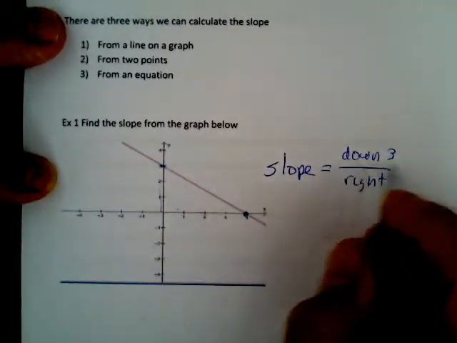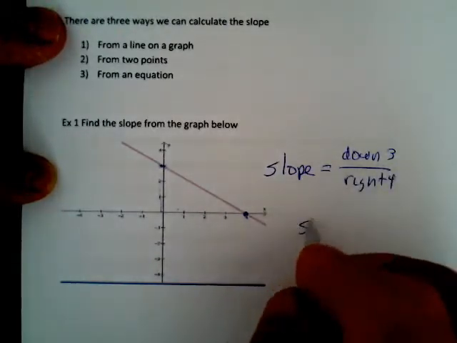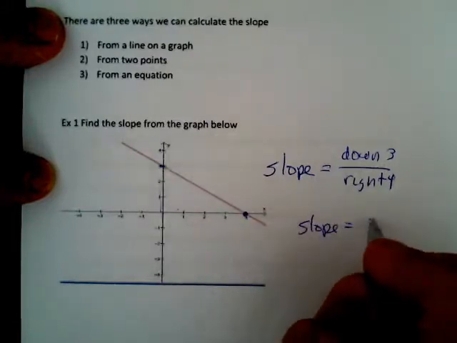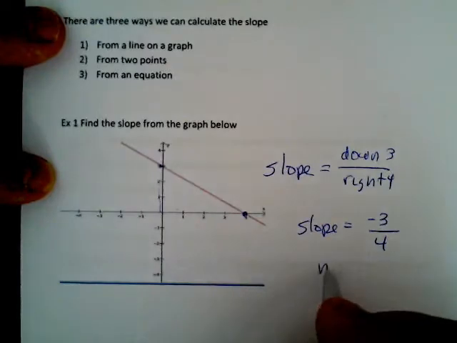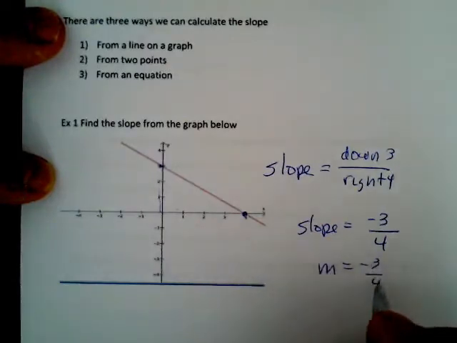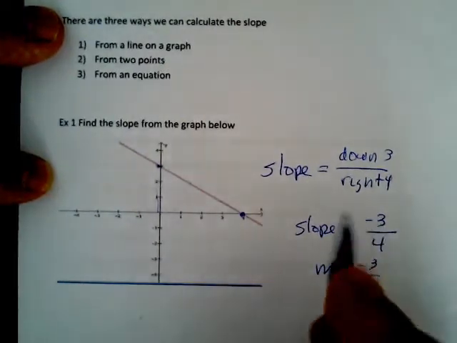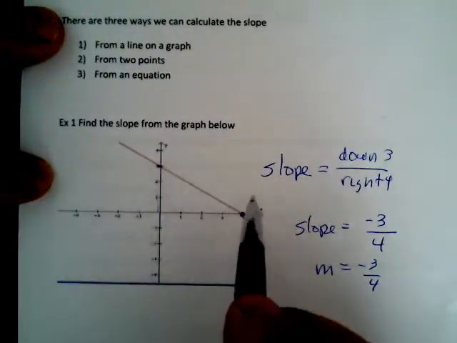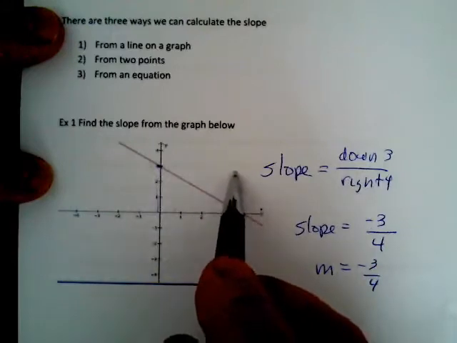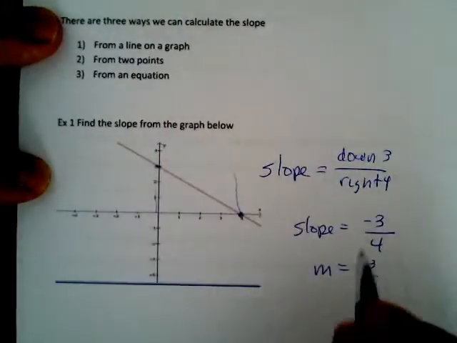Well, in math, down is negative and right is positive. So my slope for that line is negative 3/4. Now, it wouldn't have mattered which point we chose to start from, because if I chose to start from this one, it would be up 3 and left 4.